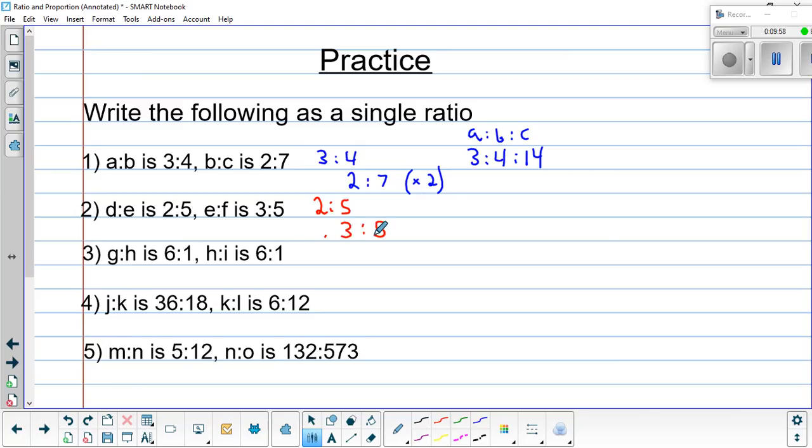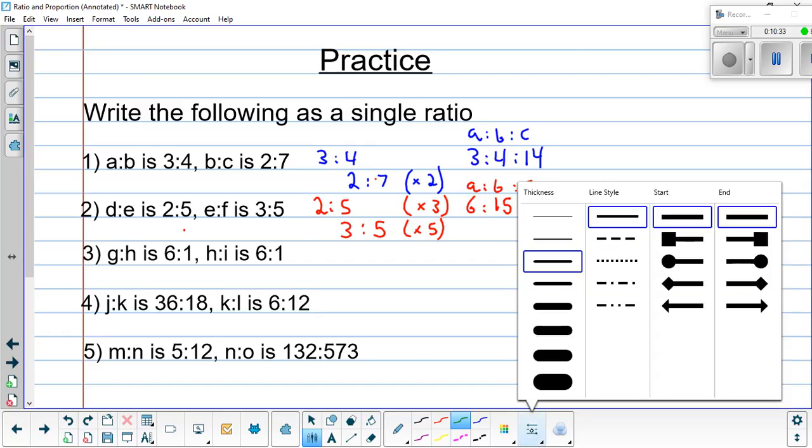Okay. So here, I'm going to multiply this one by 3, multiply this one by 5, and so we're going to get 6 to 15 to 25, and we can't actually simplify that, but we should still write our A to B to C. Show them that's what our ratio is representing.